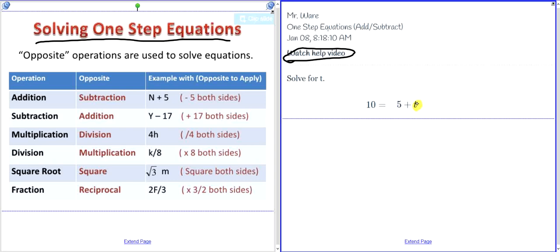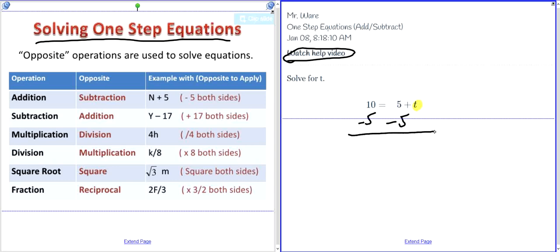So to do this, you want to perform the opposite operation. Since we're adding 5, we want to subtract 5 on both sides. And that keeps it even. It's like a balance beam. Since we subtract 5 on both sides, each side stays equal, but it helps identify what t is.